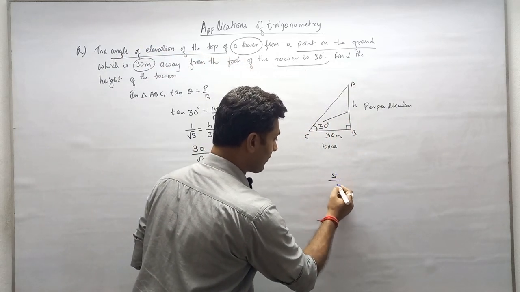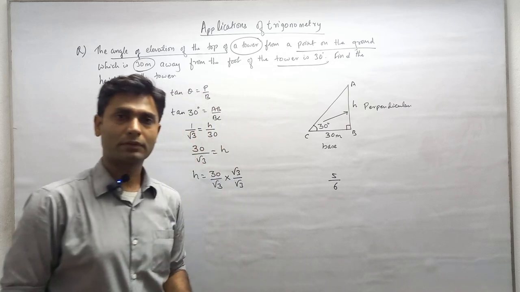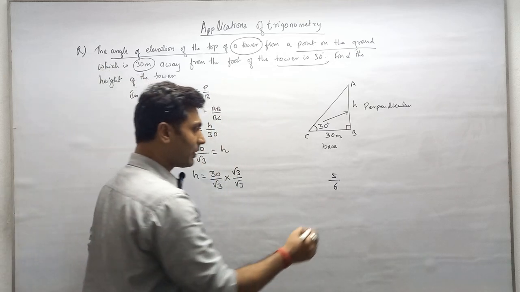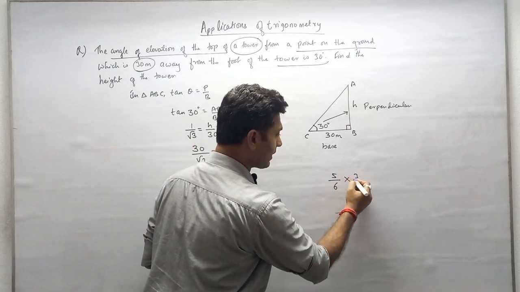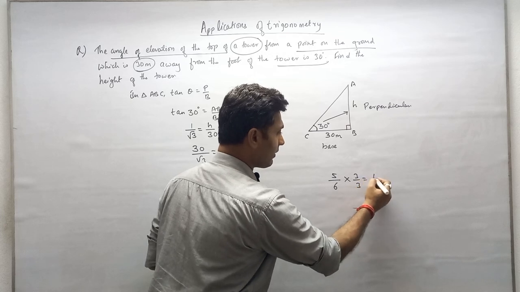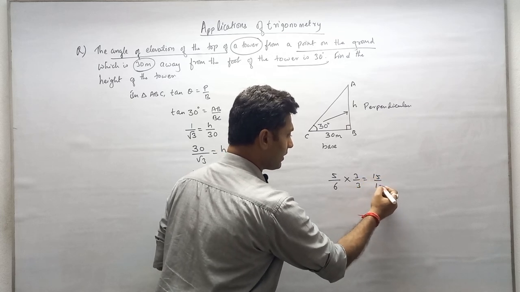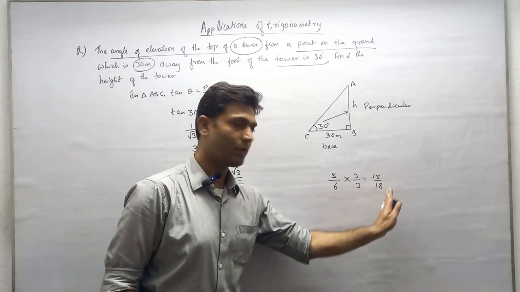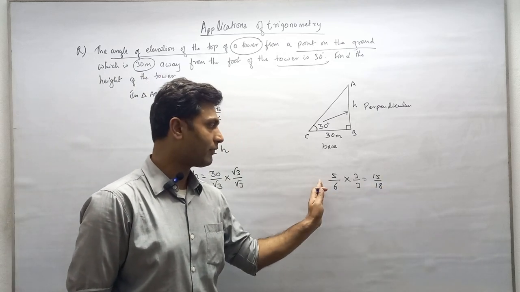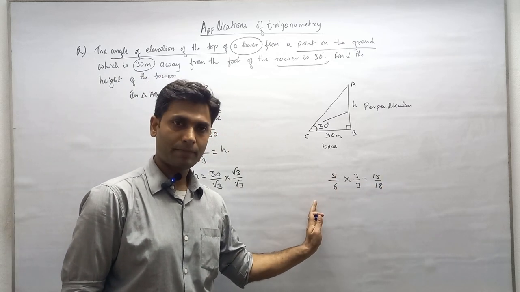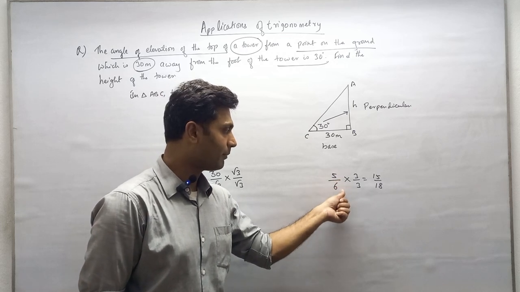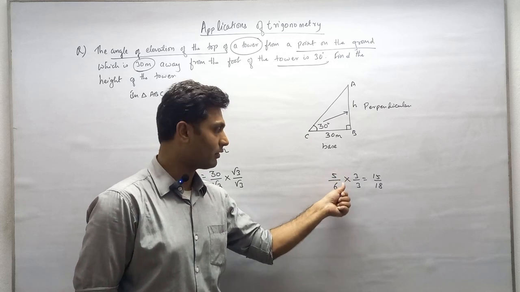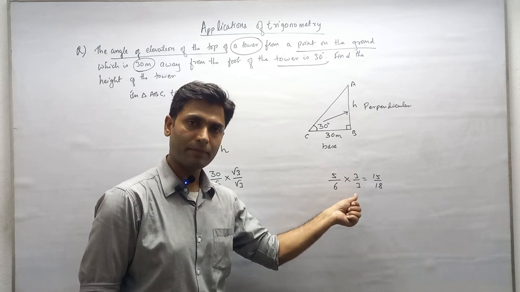Let's say we have 5 upon 6. If I multiply this 5 upon 6 by 3 and 3, I will get 15 upon 18. Now 15 upon 18 is actually an equivalent fraction of 5 upon 6.